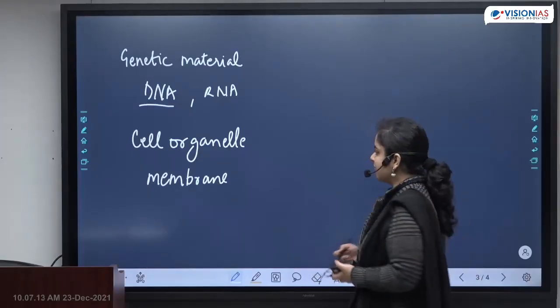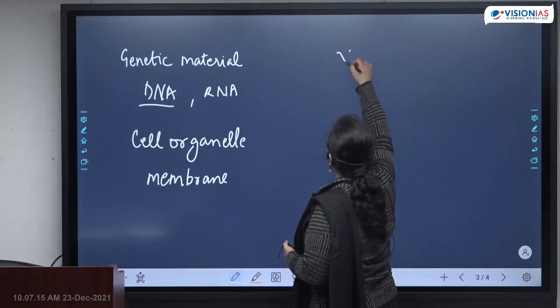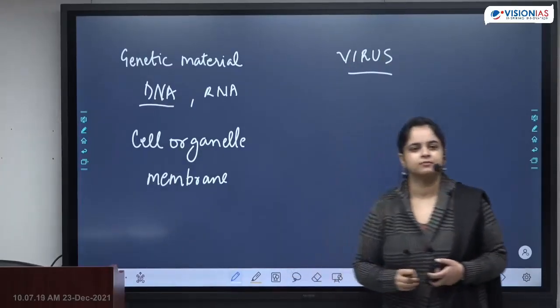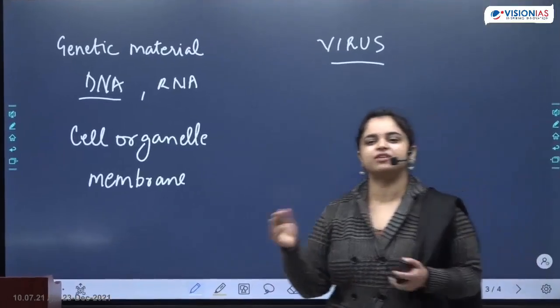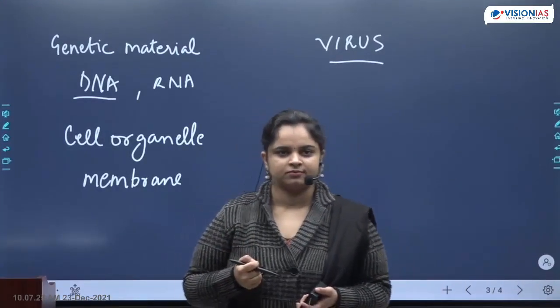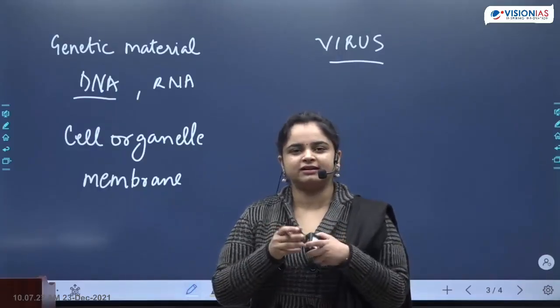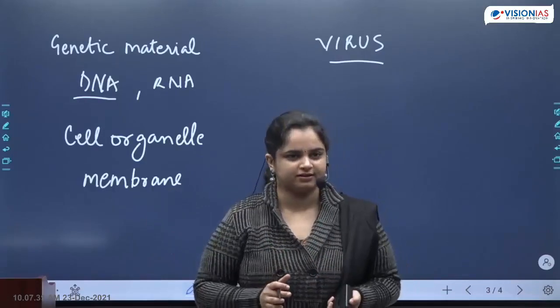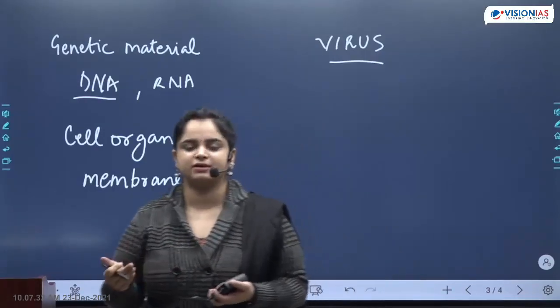Why is that happening? Because the condition of virus is unique. So it is somewhere between the living and the non-living world. We do not exactly put it in living things or in non-living things. Its status is somewhere in between.